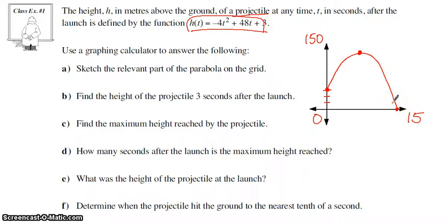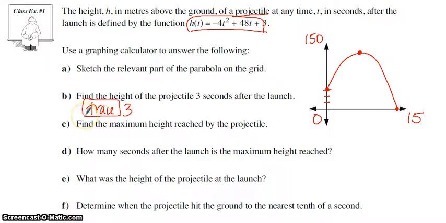So go to window, change your x max, x min, y max, y min to the following values, and you will see this. Now sketch the relevant part of the parabola, so when you throw something, it will go up and then hit the ground. Find the height of the projectile 3 seconds after the launch, which means you trace 3.